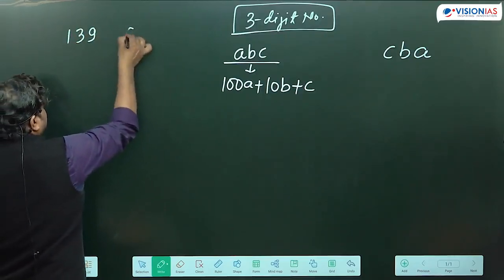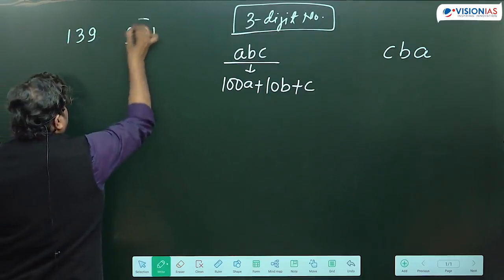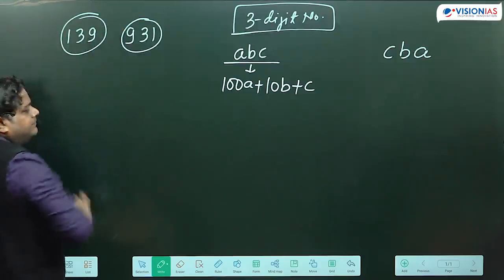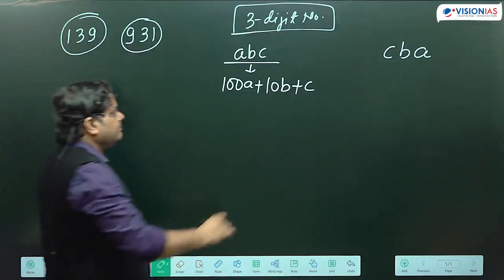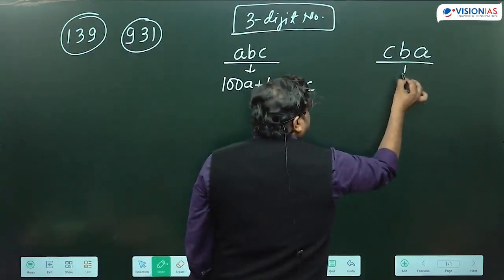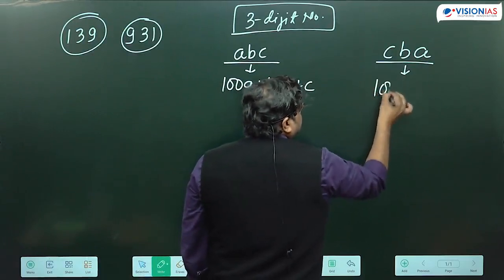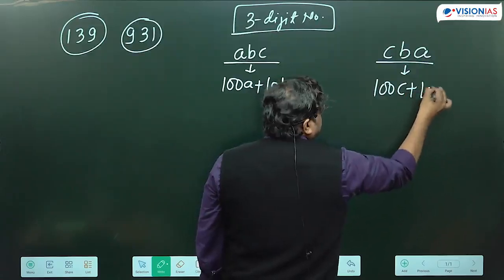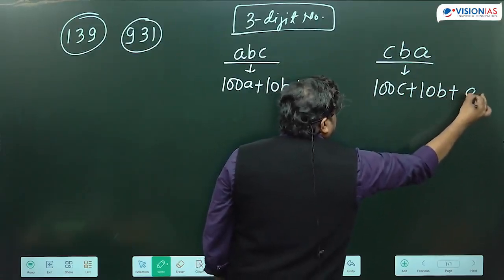If we reverse the digits, we'll get 931. Here the place value, 100C plus 10B plus A.